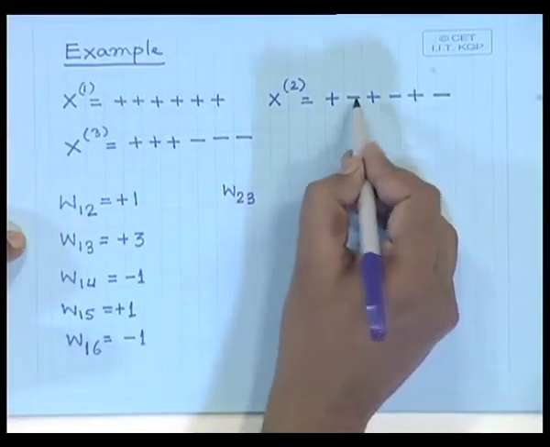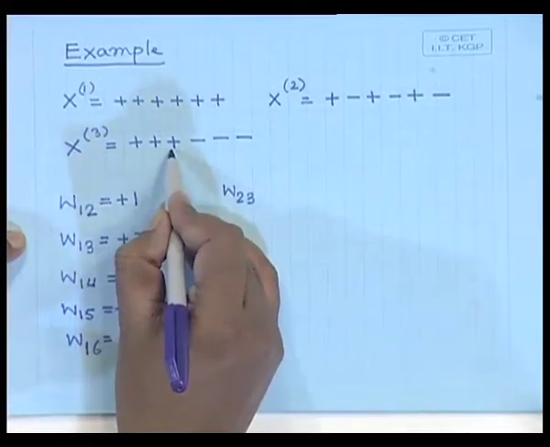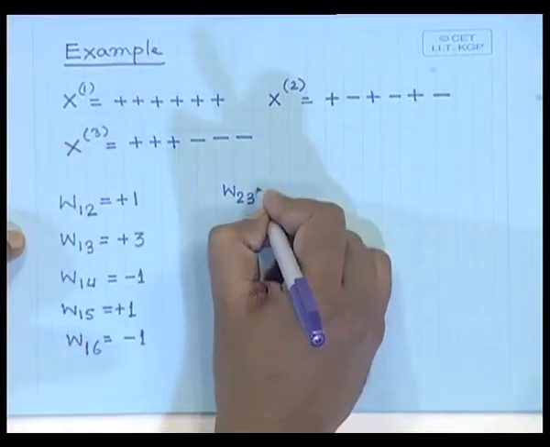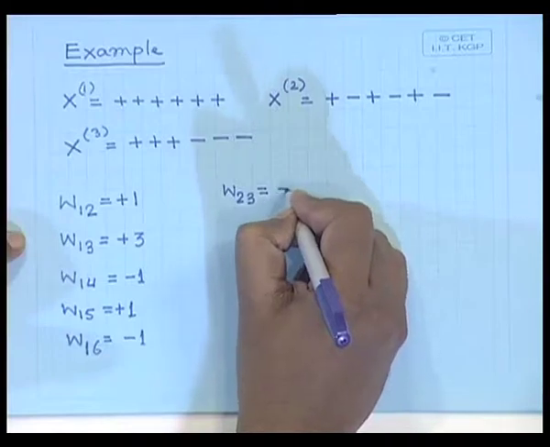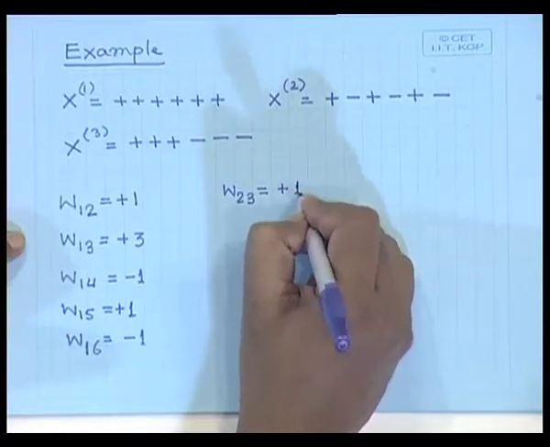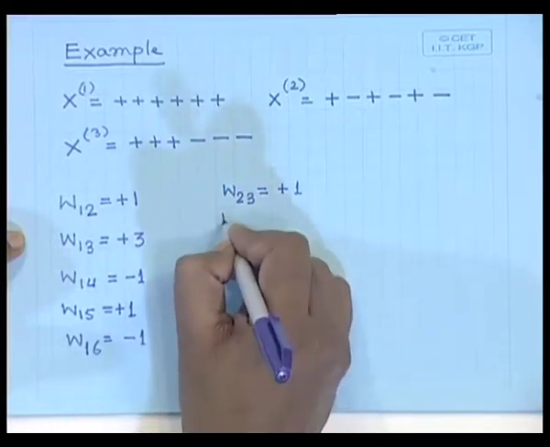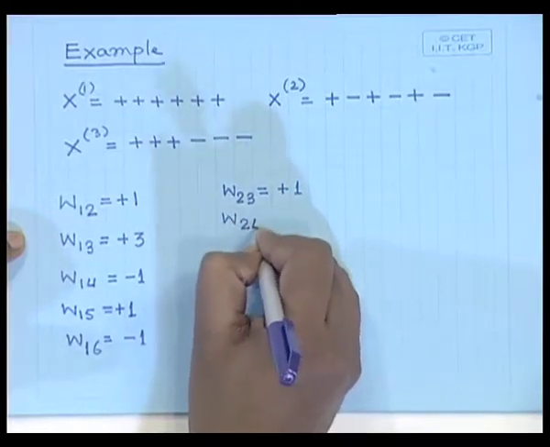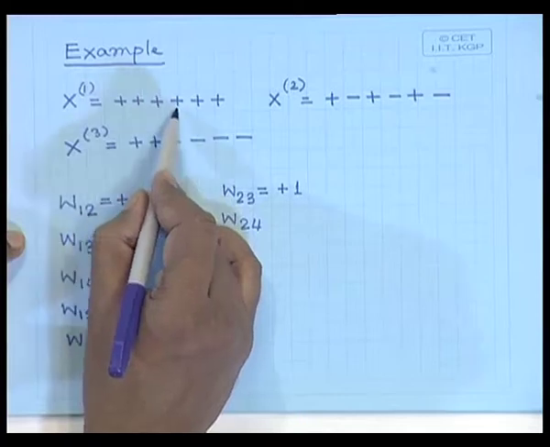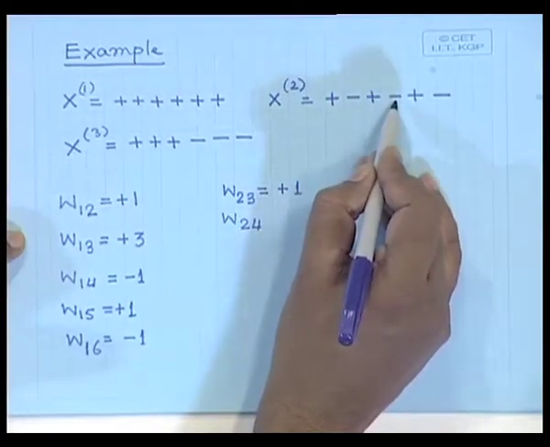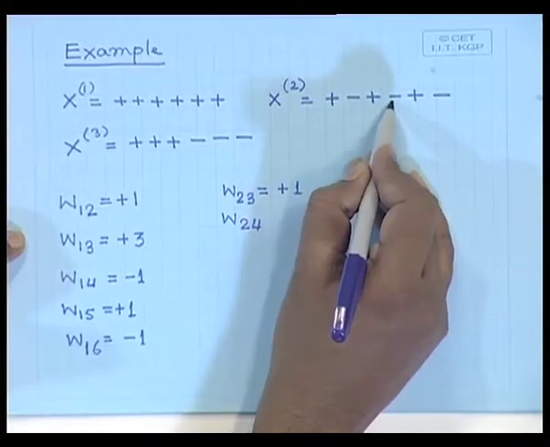Here it is plus 1, here it is minus 1, here it is plus 1. So, 1 plus 1 minus 1, W23 becomes plus 1. Similarly, W24, take the second and the fourth bit. Here it is plus 1, here also it is plus 1 because both the bits are negative.